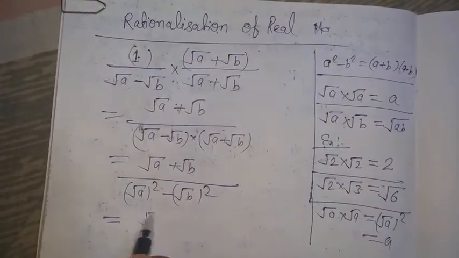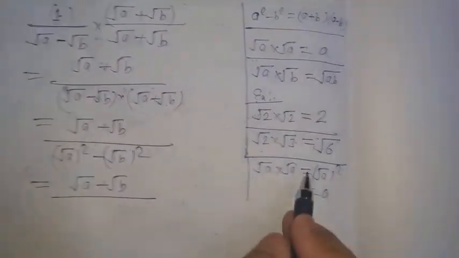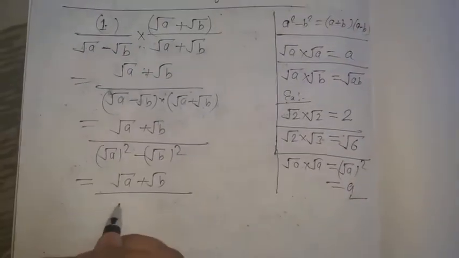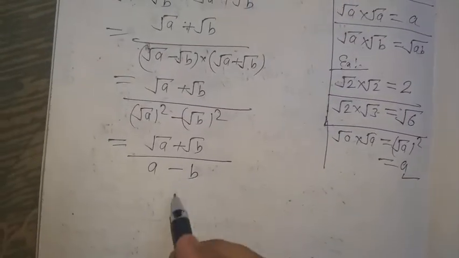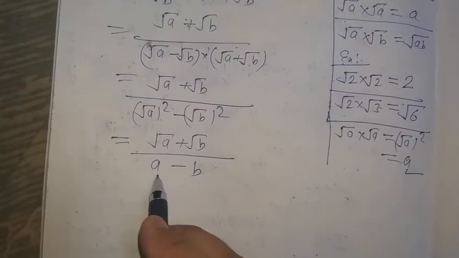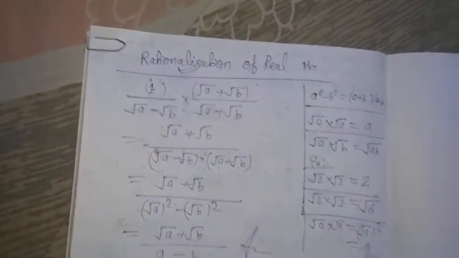Root a square means a, minus root b square means b. Now you can see that the root is removed from the denominator, and the removal of the root from the denominator is called rationalization.